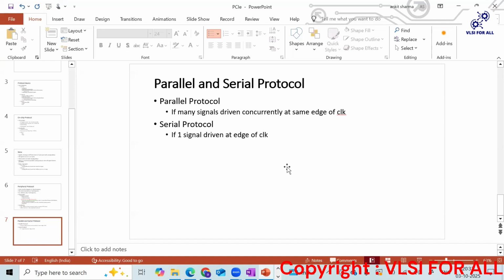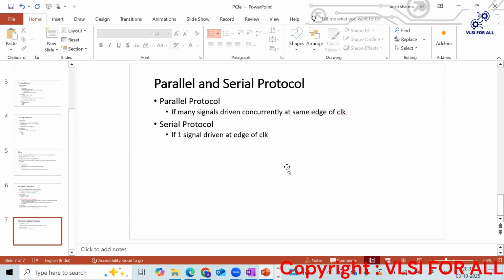You are not transferring multiple bits concurrently. But in parallel, at the one edge itself, you are making sure you are transferring a bunch of bits. That will become a parallel. So it's just like if you are seeing many serial, don't consider them as a parallel.